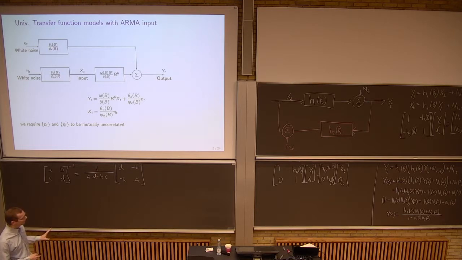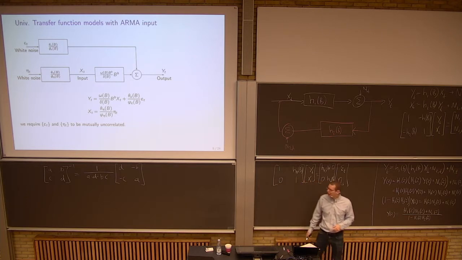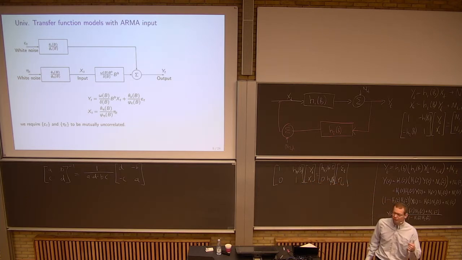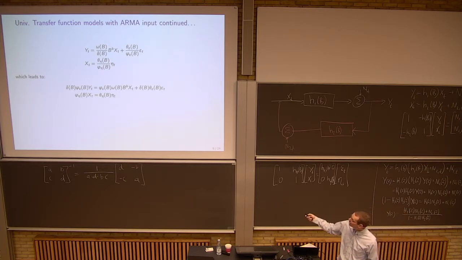But that's another story. What I want to get to is the generic setup here. And you can still do the same manipulations, if you like, by multiplying through by some polynomials. And I think that's what I get to here. If you do the multiplication, then you have the delta of b multiplied on everything in the first line.